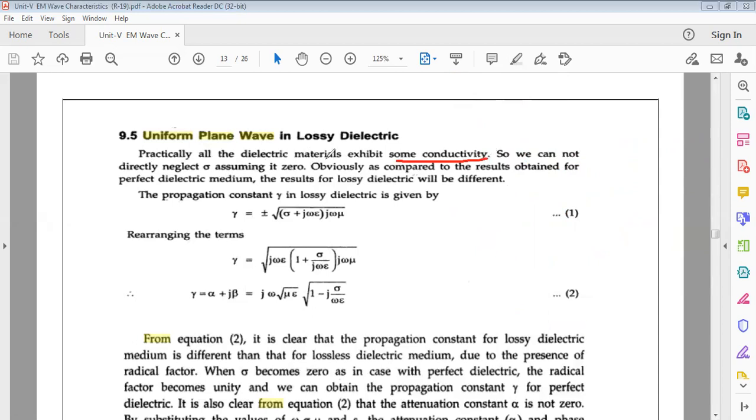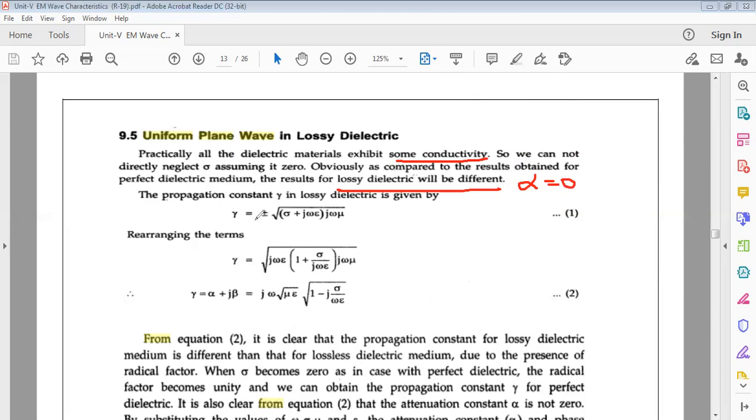But it is not ignorable, so we cannot directly neglect sigma by assuming it is 0. The results for a lossy dielectric will be different from those for a perfect dielectric medium. Here alpha is not equal to 0 in a practical condition.